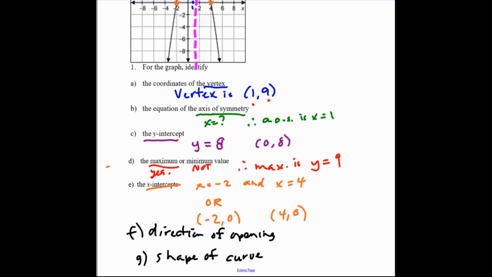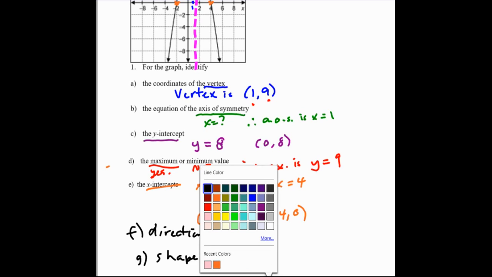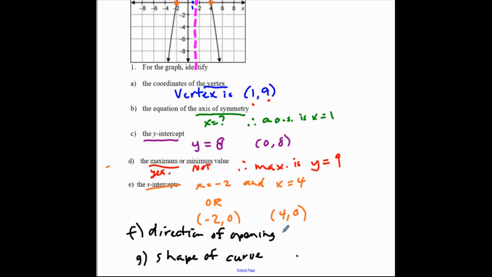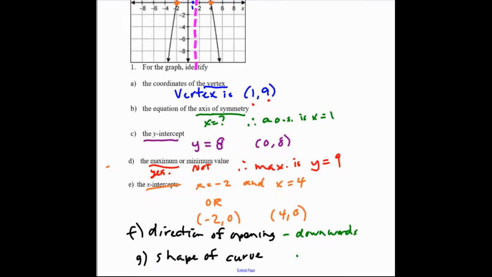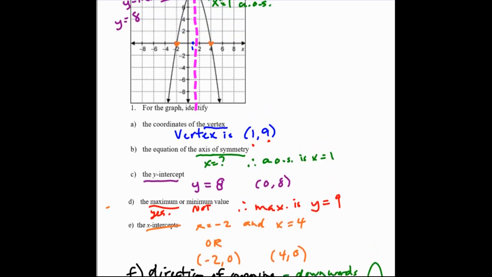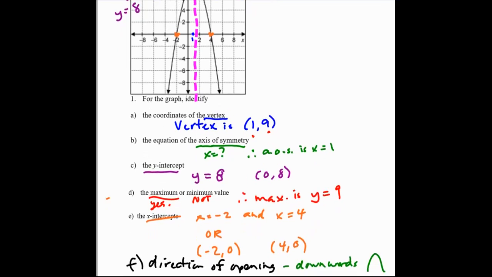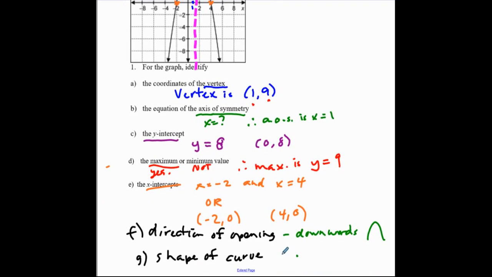Okay, so in this case, I would say direction of opening downwards. Okay, so look, it's opening downwards. The shape of curve, I would say, well, it's pretty normal actually. I would say, is it narrow?